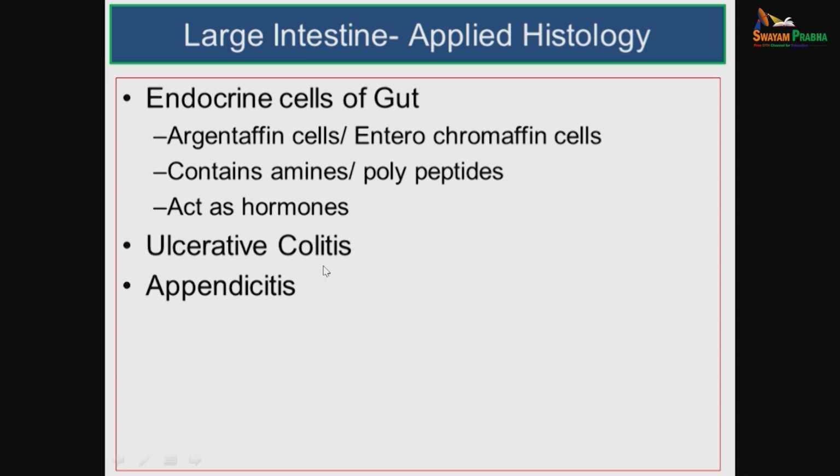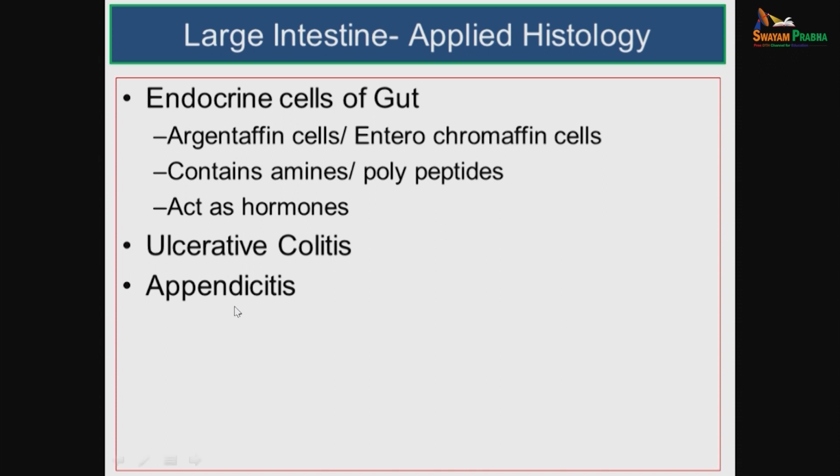The hallmark feature that is seen is the lymphatic vessels that are usually absent in the lamina propria in a normal large intestine, whereas in ulcerative colitis, the lymphatic vessels increase in number. So that feature is one of the important features determining the presence of ulcerative colitis in a biopsy slide.